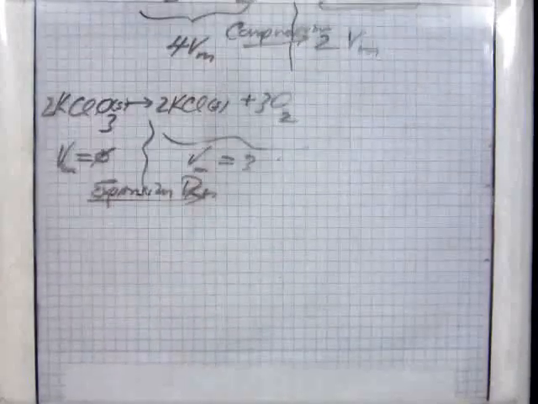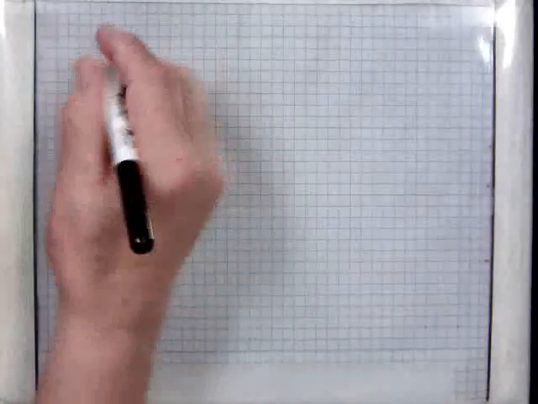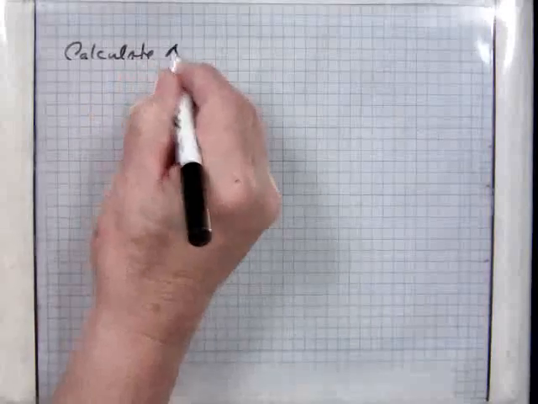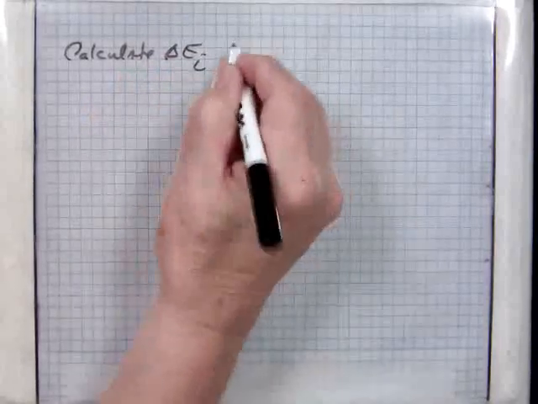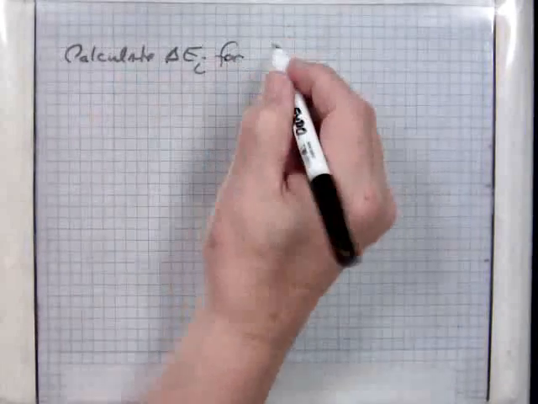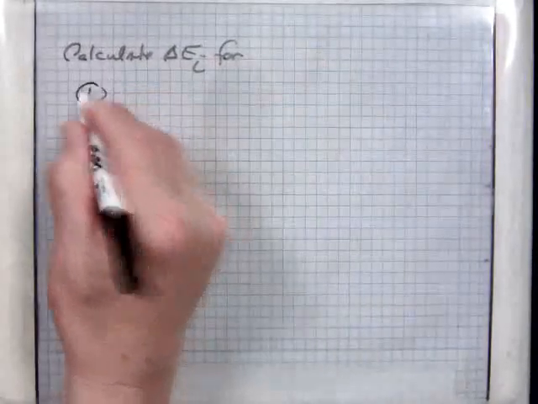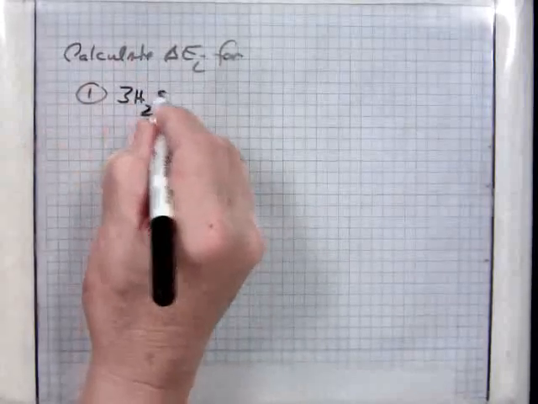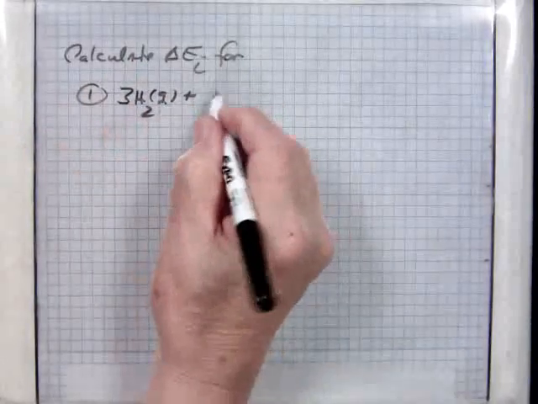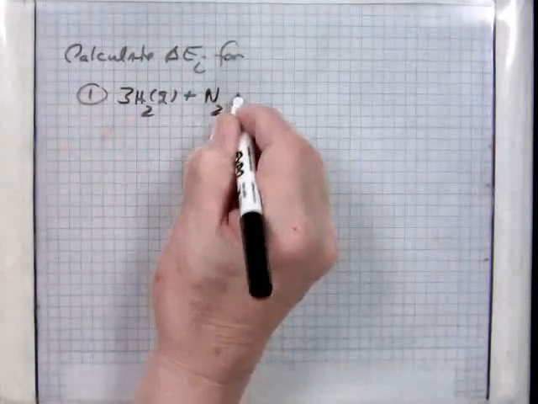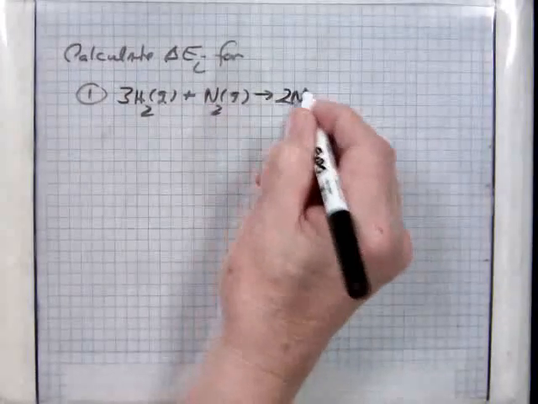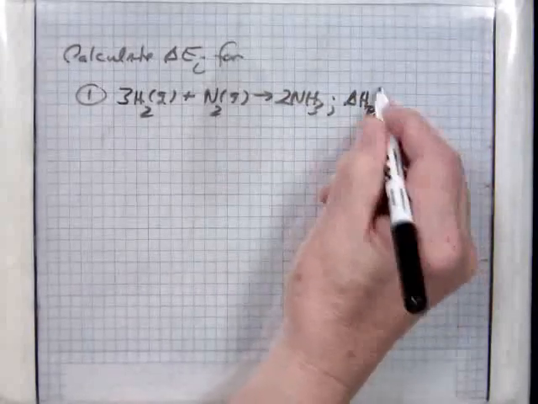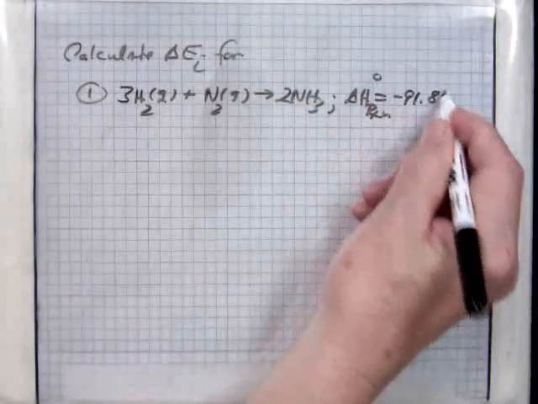Let me get a fresh page here. So what you're going to do is calculate the change in internal energy for 3H2 gas plus N2 gas goes to 2NH3 gas, and you're simply given that the delta H of the reaction is minus 91.8 kilojoules.